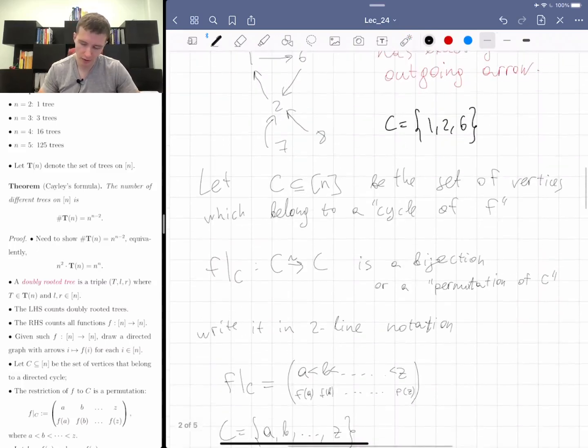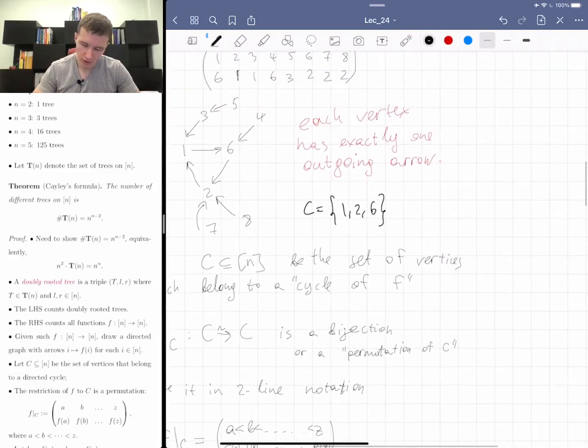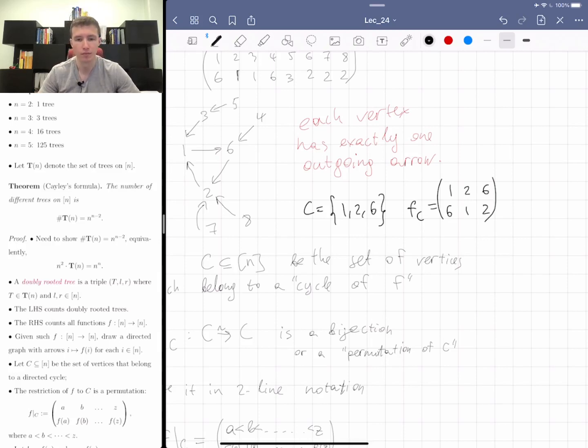So for example, for my running example, the restriction of f to C is, what is it? I write the top row in increasing order, and then 1 goes to 6, 6 goes to 2, and 2 goes to 1. And yeah, so far I'm doing something very natural, right?